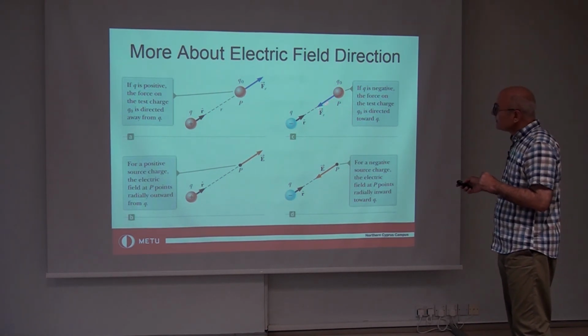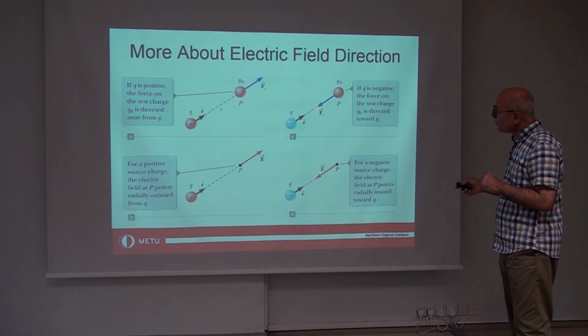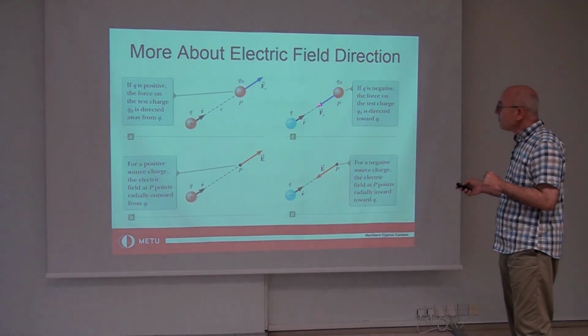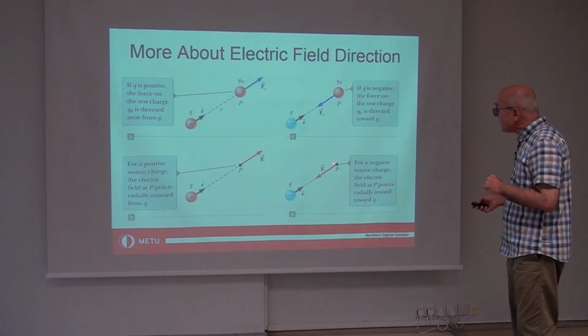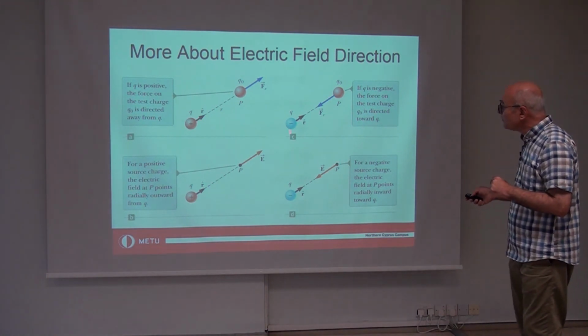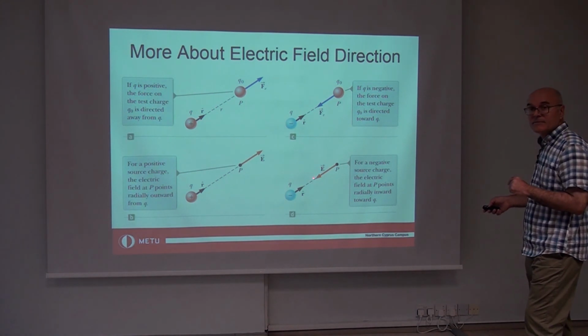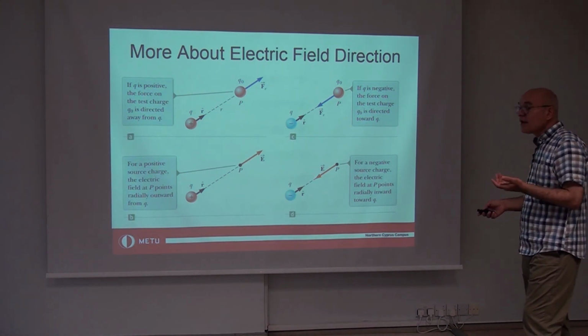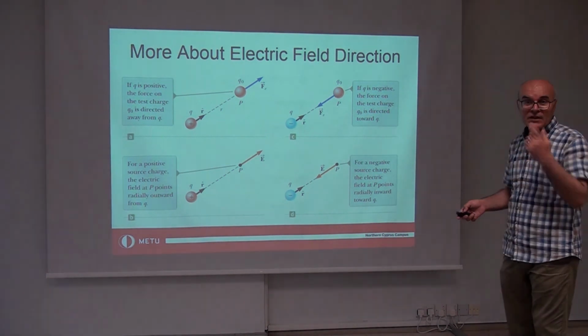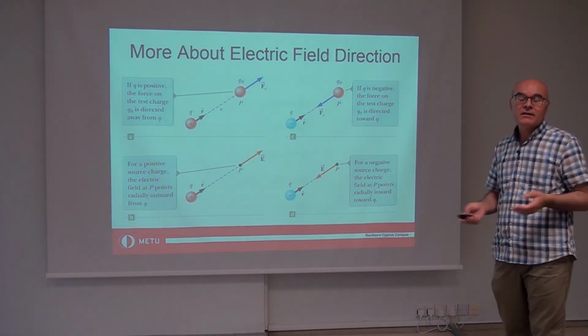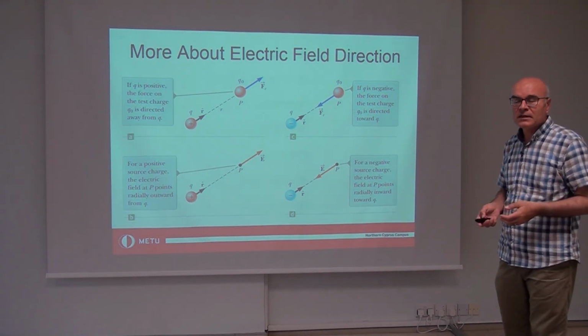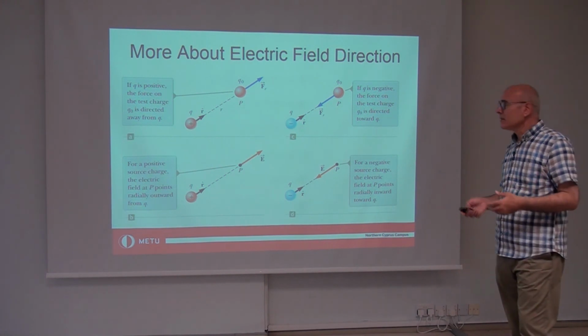It is along this arrow. Then the direction of the electric field due to this minus Q at P is this. So this is how you find the direction of the electric field generated by any source charge at any point in space.